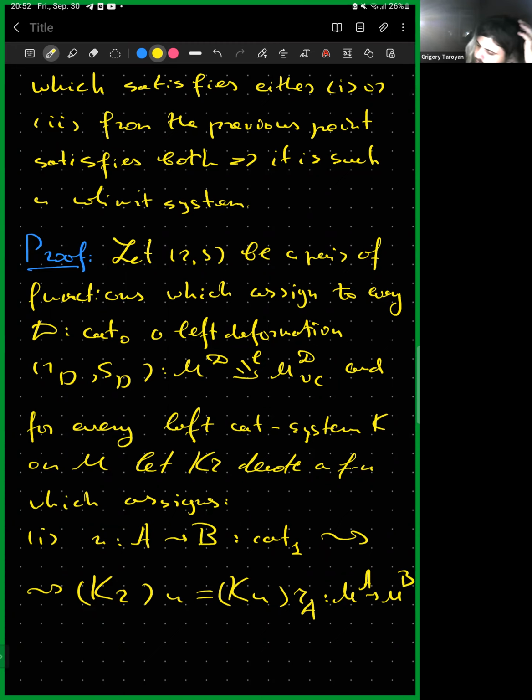So basically, it's just this virtual cofibrant replacement followed by this functor induced on categories of diagrams.